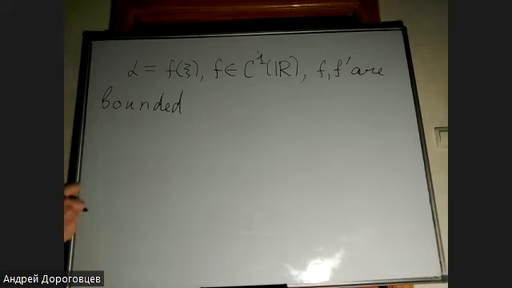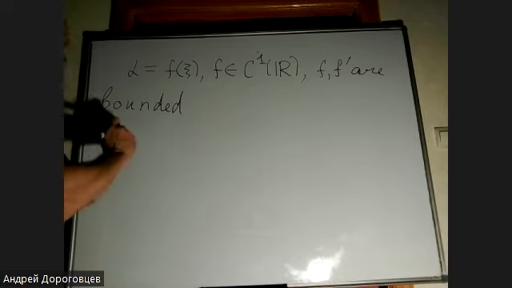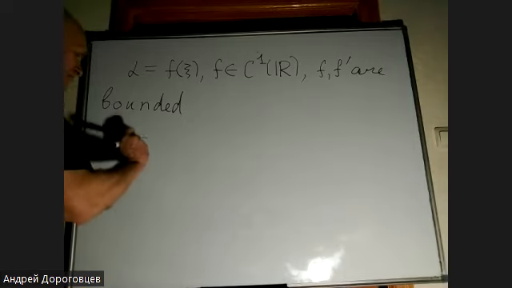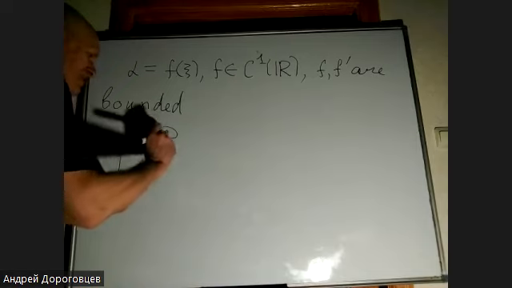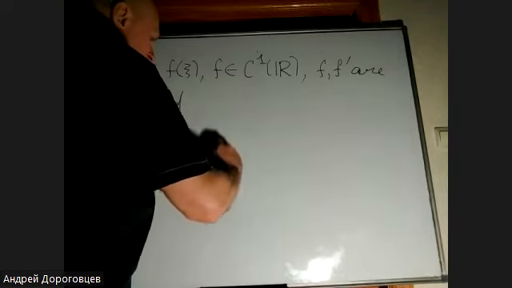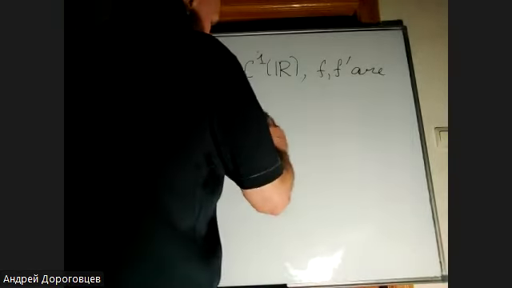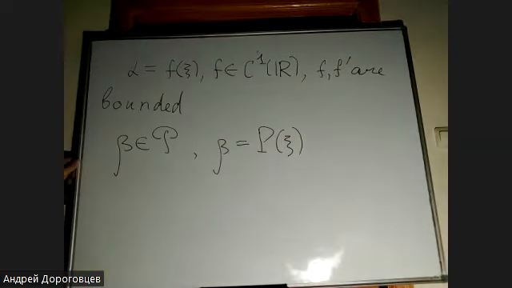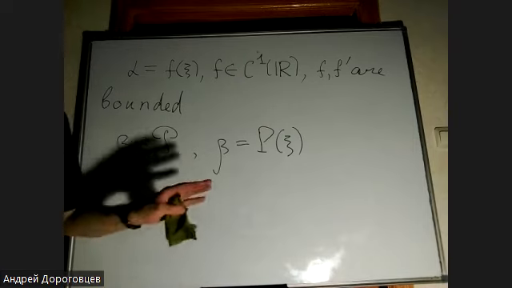Let me take now arbitrary beta which belongs to our set P. So this is a polynomial from psi. Beta is equal to a polynomial. Of course, it has a stochastic derivative for free.